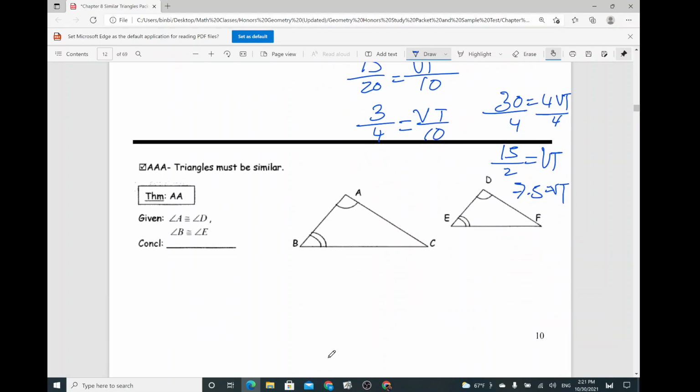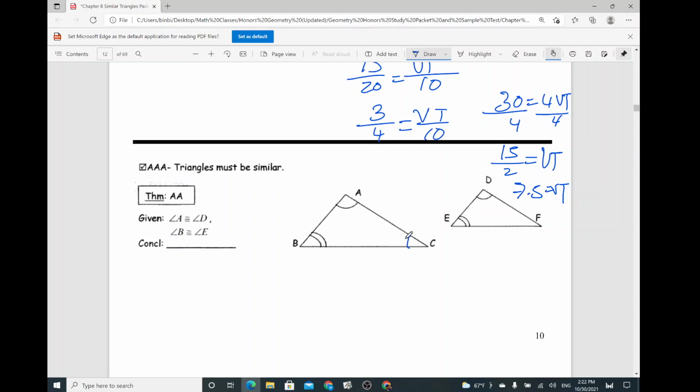Now let's go over the theorem for proving similar triangles. The first one is called the angle-angle theorem. Once two pairs of angles are congruent, the triangles must be similar. Why is that?